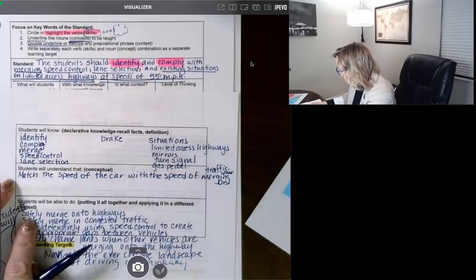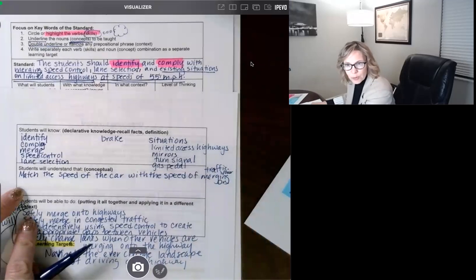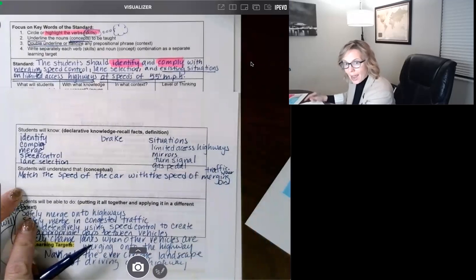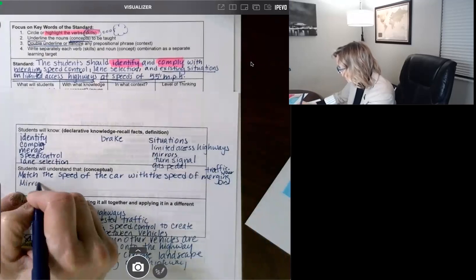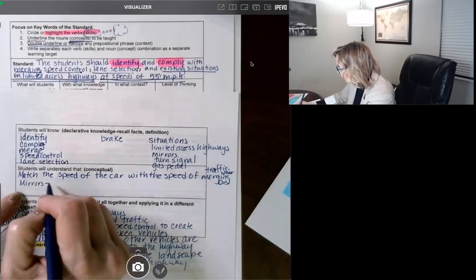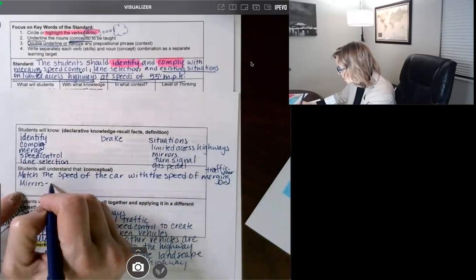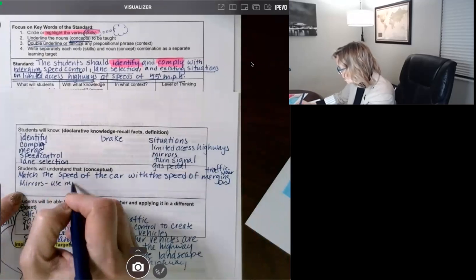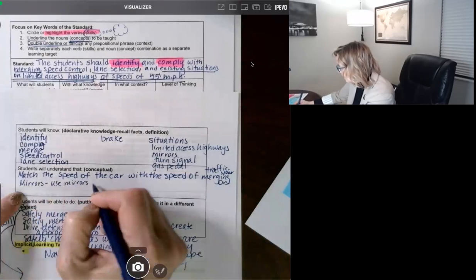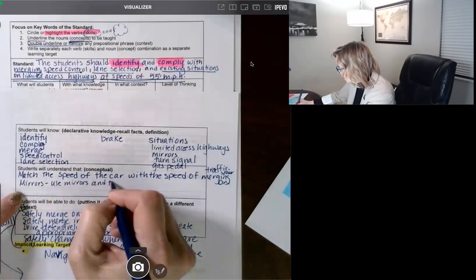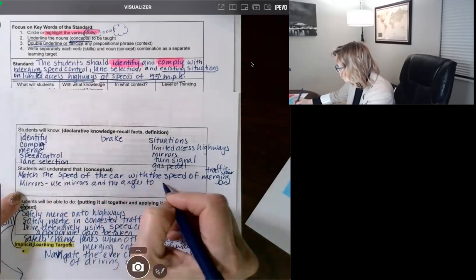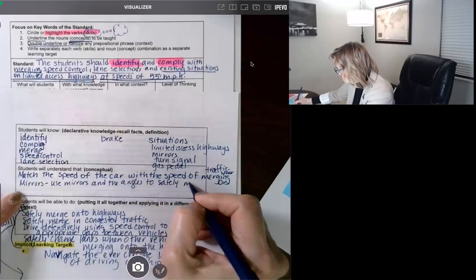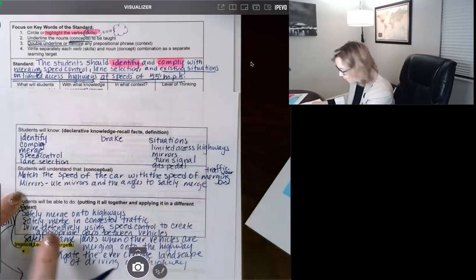In order to safely merge onto traffic, I also need to understand that I have mirrors on my car and that I can use mirrors and the angles they share to safely merge onto the highway, right?